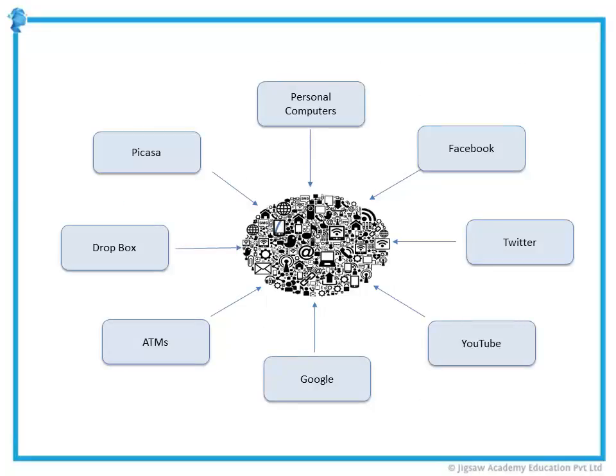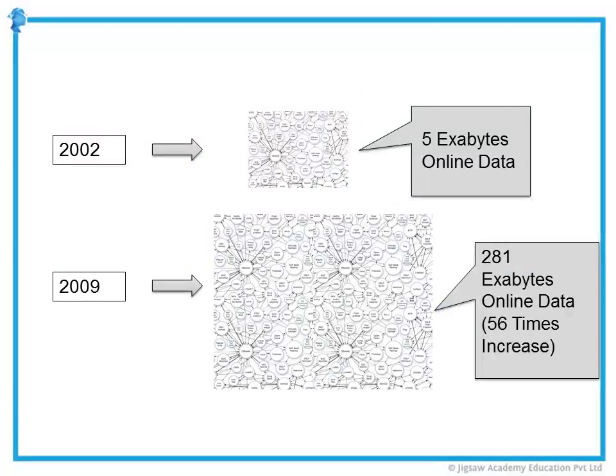If you think of the world around you, there is an enormous amount of data generated, captured and transferred through various media within seconds. This data may come from a personal computer, social networking sites, transaction or communication system of an organization, ATMs and multiple other channels. Some reports have recorded that in 2002 there was an estimated 5 exabytes of online data in existence.